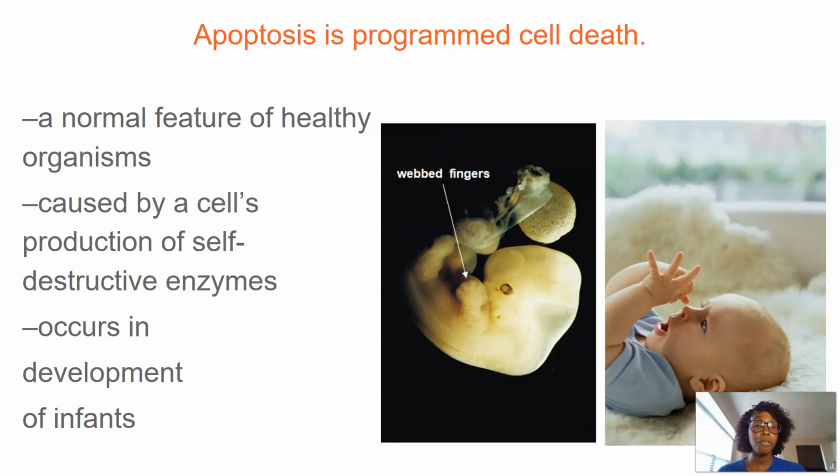And right before you are born, maybe around the fifth, sixth month stage, the webs in between your fingers start to go through that programmed cell death. It will kill off those cells and separate your digits to where now you have fingers.